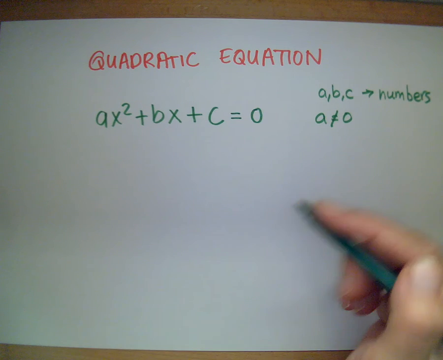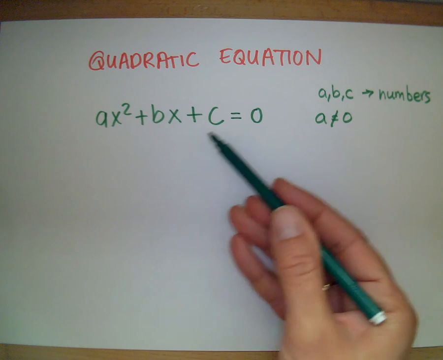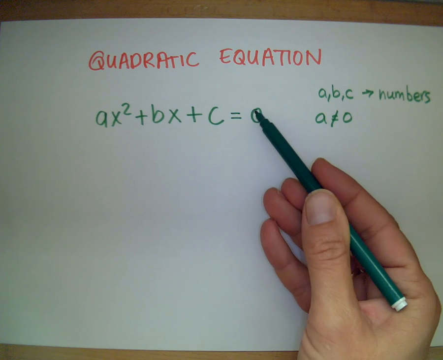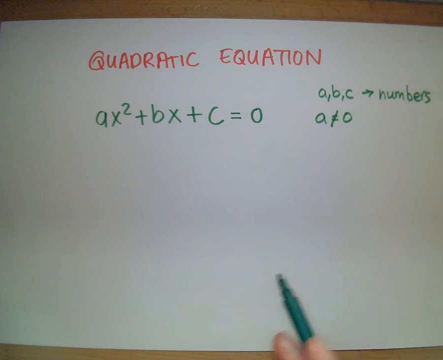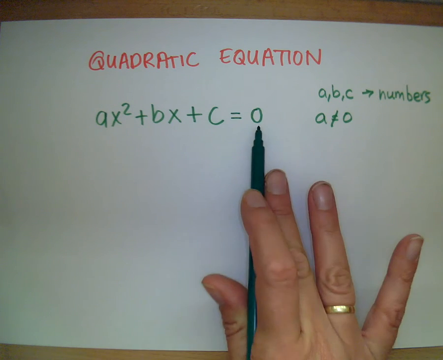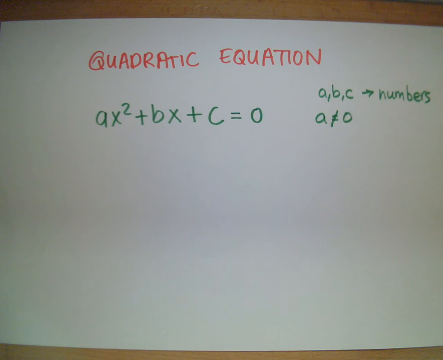And I say 0, or the form that we like has it equal to 0. We could also set it equal to a number, but we would then rearrange the equation so that we have 0 on this side. I will show you how to do all of that.